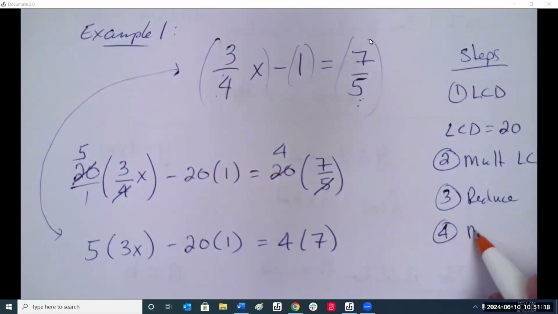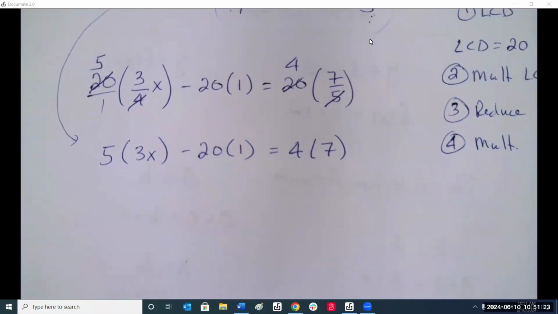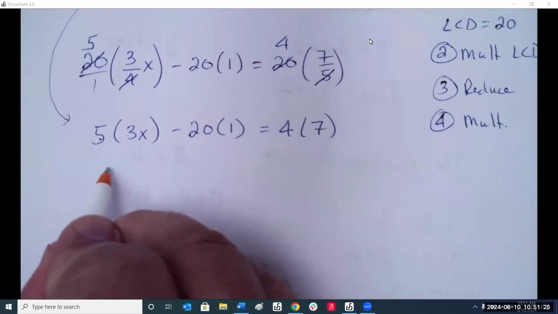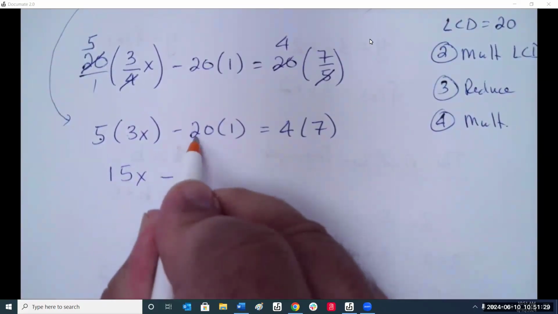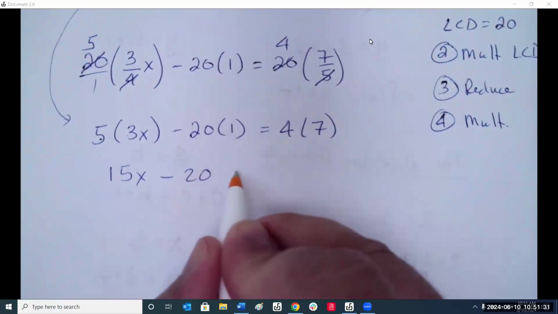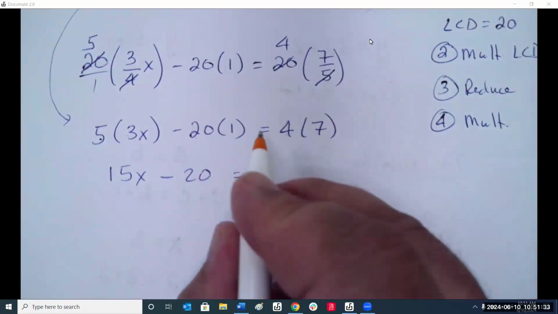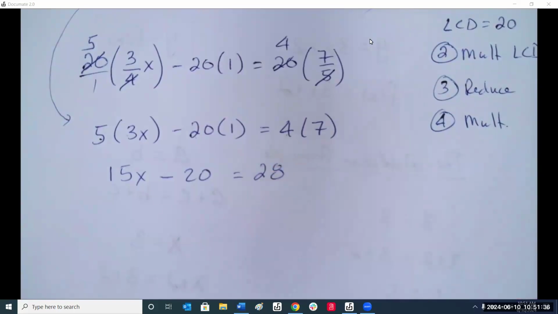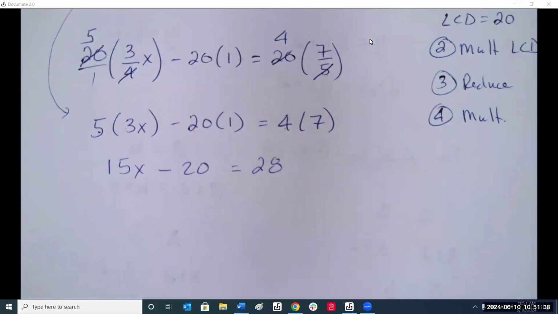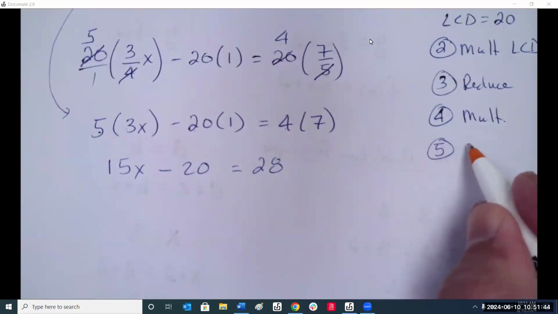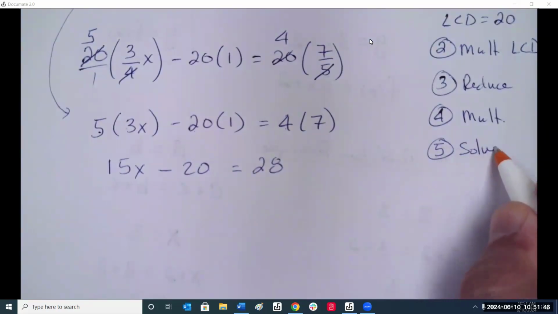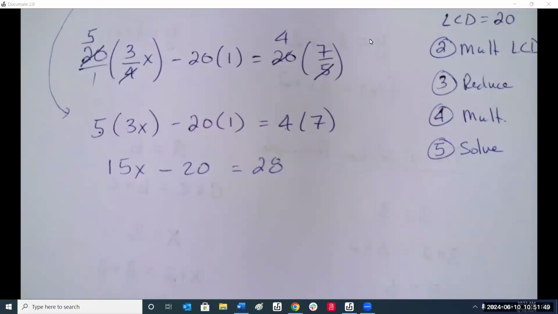The fourth step is multiply to get rid of the parentheses. 5 times 3 is 15x. 20 times 1 is 20. 4 times 7 is 28. Now solve for the variable.